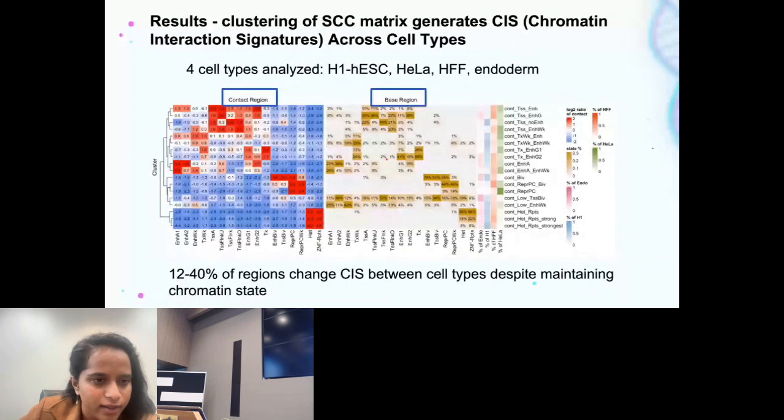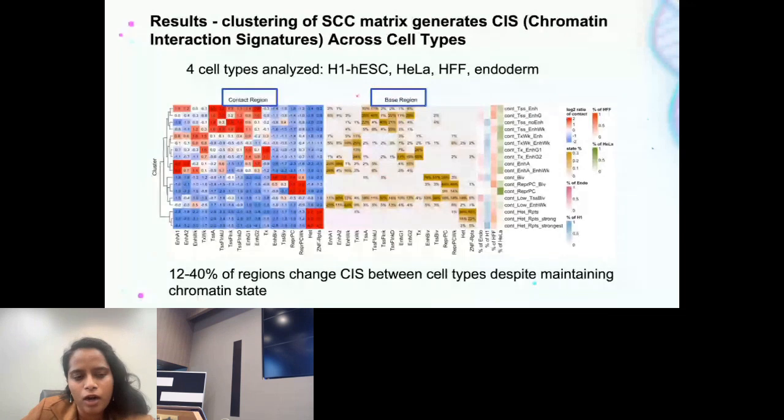You can see that there is a higher intensity towards this region. For example, we can take the transcription start site from the flanking region and how much of it is present between the transcription start site versus the enhancers, and the percentage of that region being present.